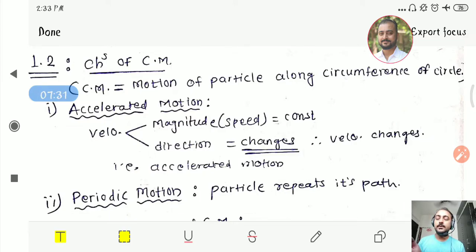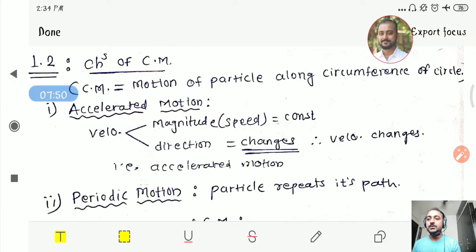Next, the rotational dynamics. This particular chapter included in the syllabus is the combination of two main chapters or motions, that is circular motion and rotational motion, as in the previous syllabus.